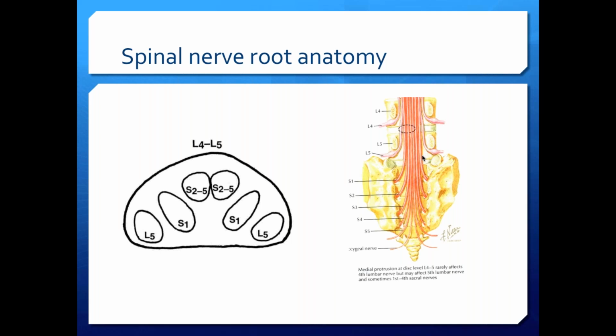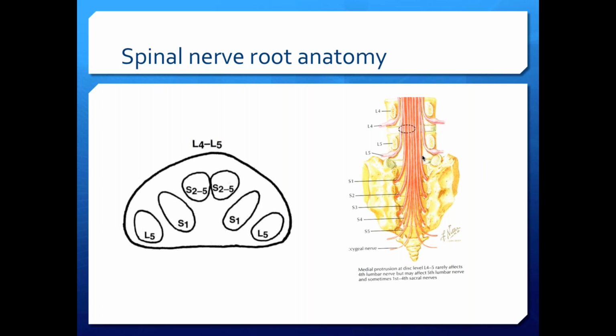On the left side of the screen, this is a picture taken looking down at the L4, L5 disc space. We can see that if something herniates posteriorly, it will push directly posterior on the very low nerve root levels of S2 to S5. Then as you traverse more laterally, it starts to match up with the level of the root itself.